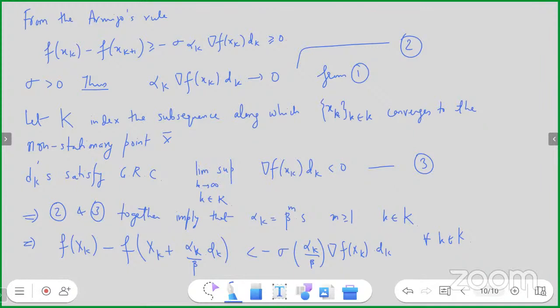And dk also converges somewhere, let's say. So it will look like gradient of f of x bar times the limit of dk less than equal to minus sigma of the same quantity. And all of this makes sense because the gradient of f at x bar is not equal to 0. Otherwise, 0 less than 0 is useless.